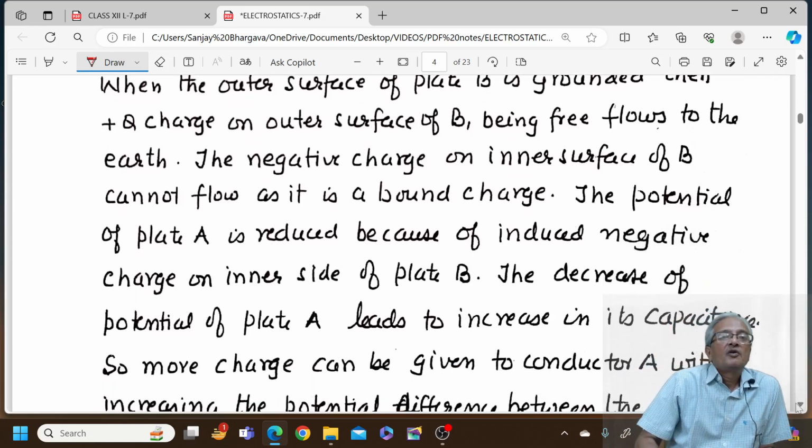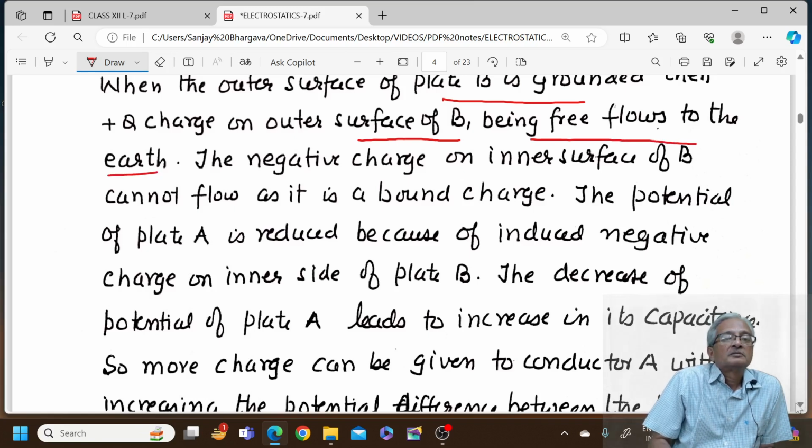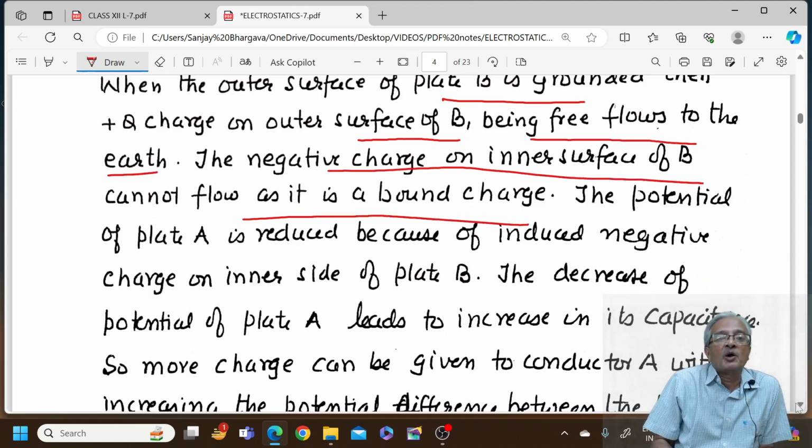So what do we find? When the outer surface of the plate B is grounded, then the positive charge on the outer surface of B, being free, flows to the ground. The negative charge on the inner surface of B cannot flow as it is a bound charge.